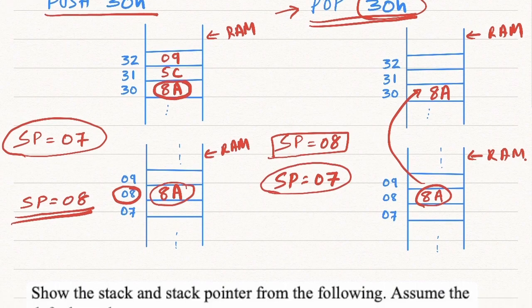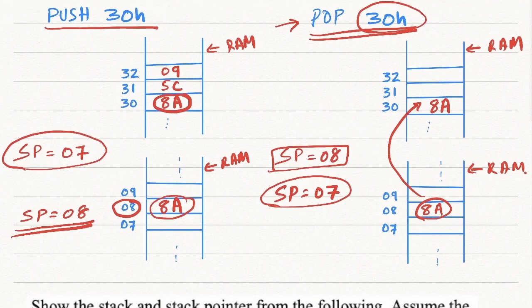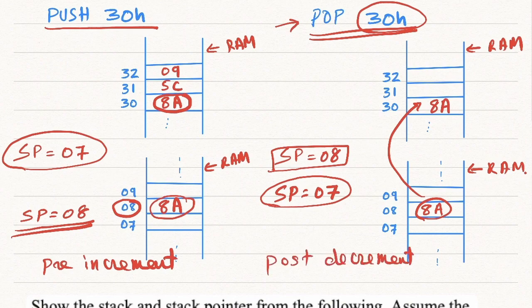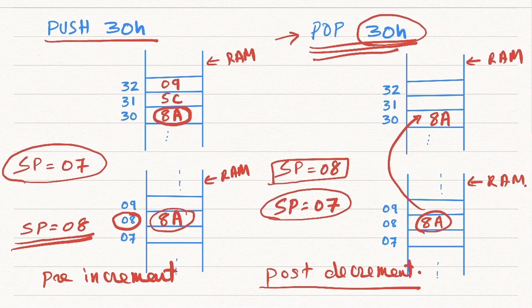So there are two concepts: pre-increment for push instructions and post-decrement for pop instructions. So this is what exactly happens when it comes to push and pop instructions.